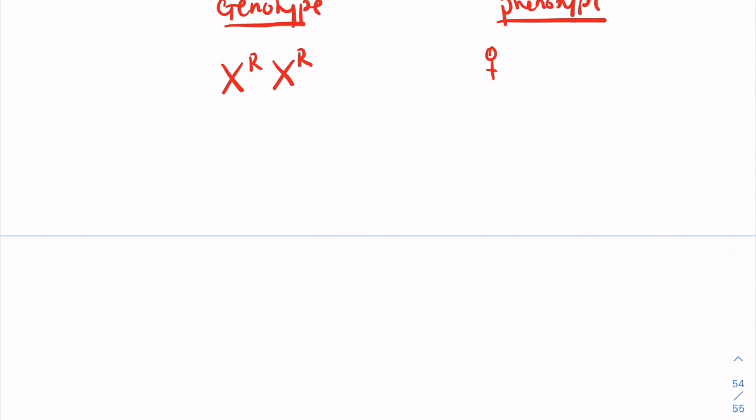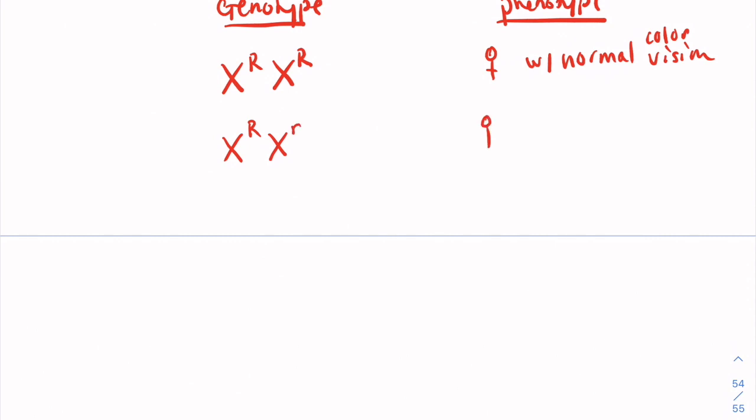So it's a female with what kind of vision? It's a female with normal vision. With normal color vision, that is. I don't know if they're nearsighted or farsighted, anything like that, but they have normal color vision. Or we could have a female with one of each allele, right?